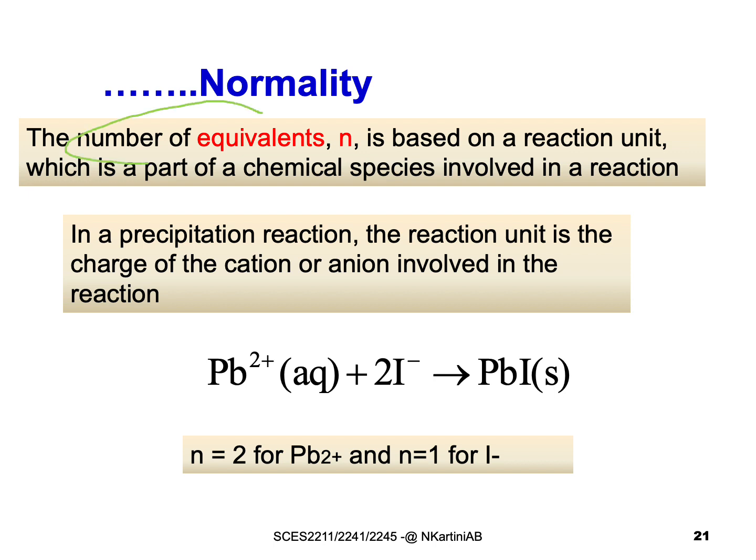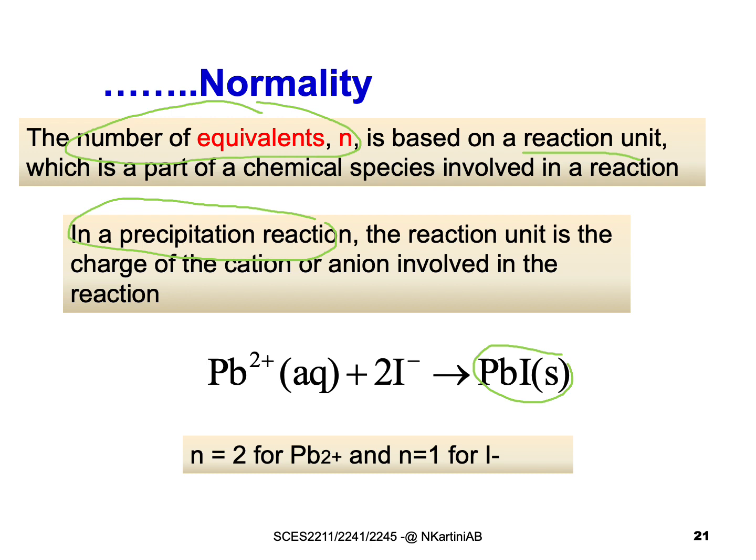The parameter N, representing the number of equivalents, is based on a reaction unit, which is a part of the chemical species involved in a reaction. In this case, you can have a look at the reaction between lead 2+ and iodide, which can give us a precipitation of lead iodide.